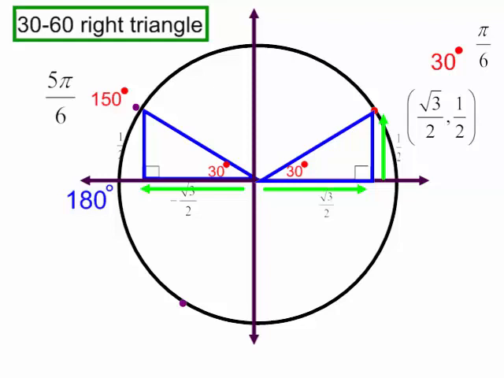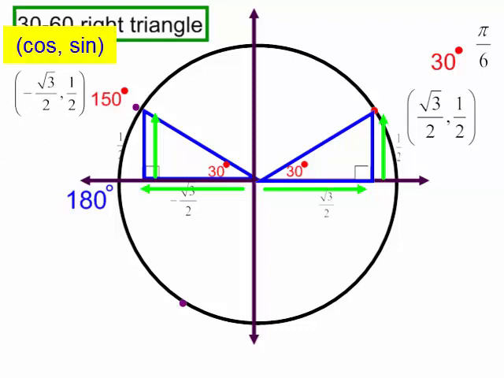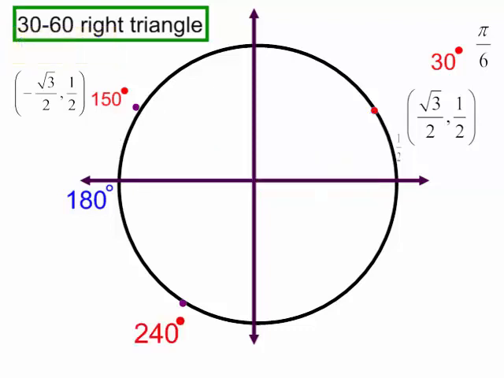And then I will be going up the short distance of my 30, 60 right triangle, which is 1/2. So this point is negative square root of 3 over 2, 1/2. Or the cosine is negative square root of 3 over 2. The sine is 1/2.